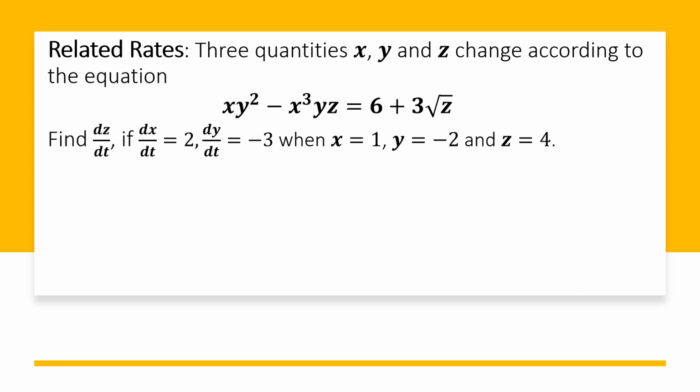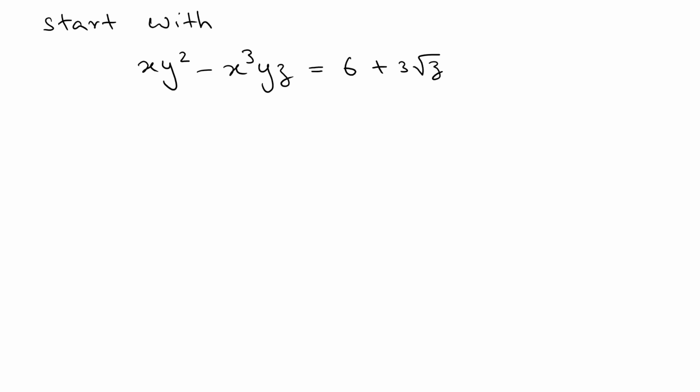So let's do it now. We start with the equation xy squared minus x cubed yz equals 6 plus 3 square root z. One thing we notice is that there are three variables, so we use the three-function derivative formula here.